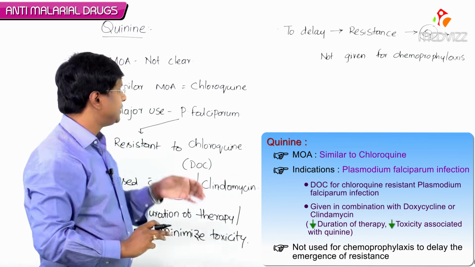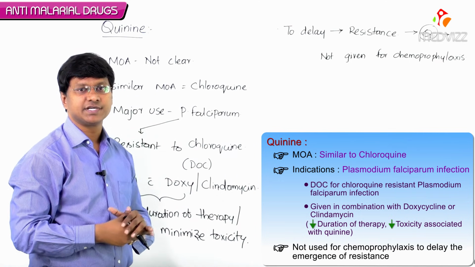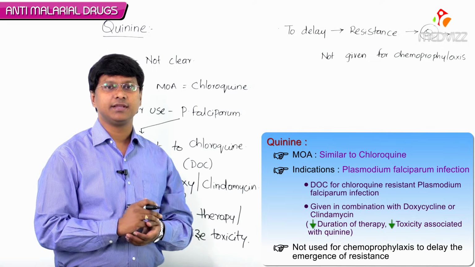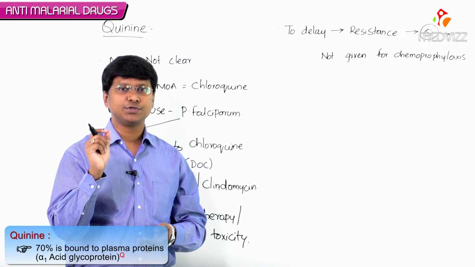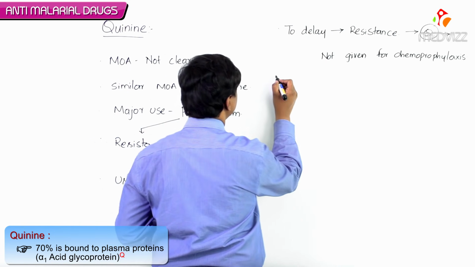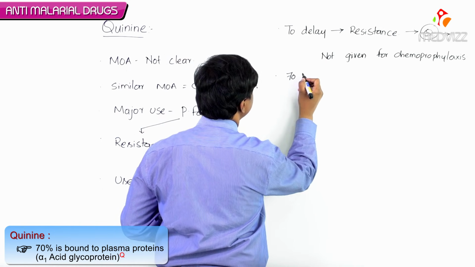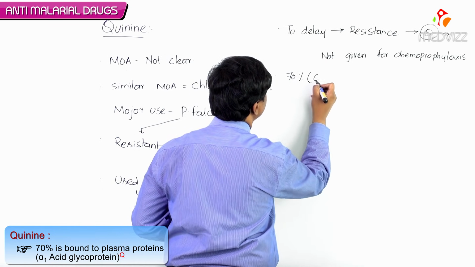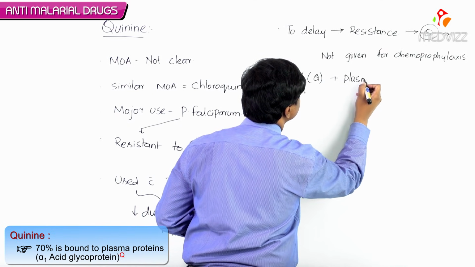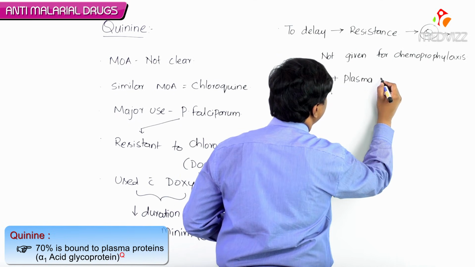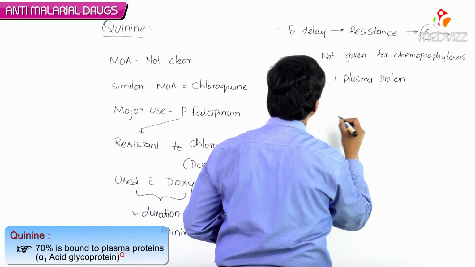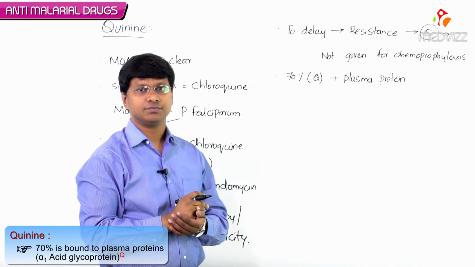Now let me tell you some of the pharmacological points regarding quinine. Remember, 70% of quinine is bound to plasma proteins. The multiple choice question here is, what is the particular plasma protein to which quinine is bound?